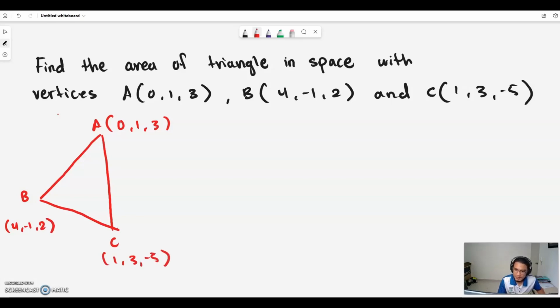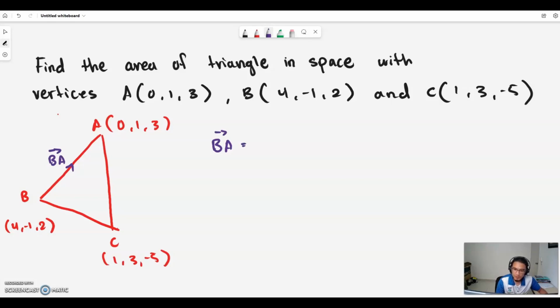So from these coordinates, we can create the vectors. We only need two vectors to find the area of the triangle. Let's do the vector for B to A. So this is BA.